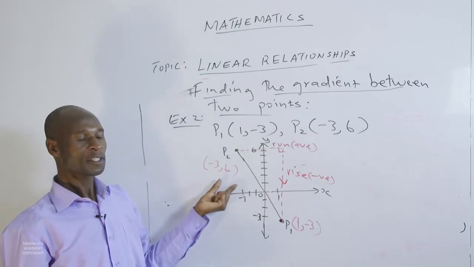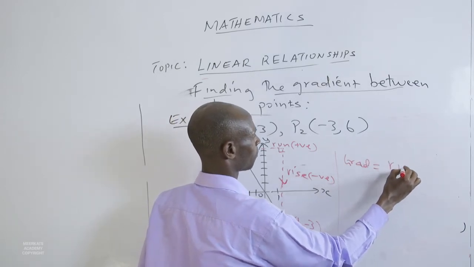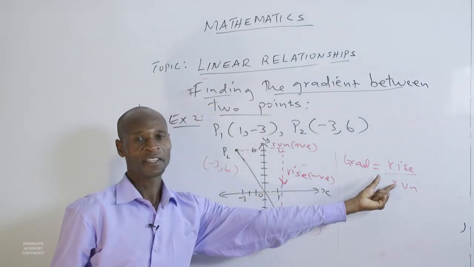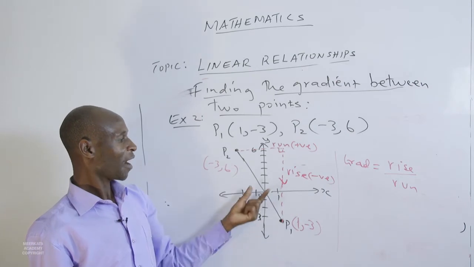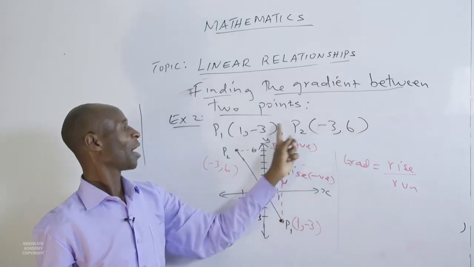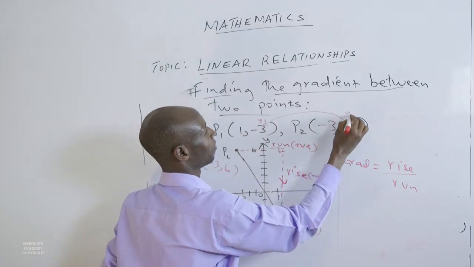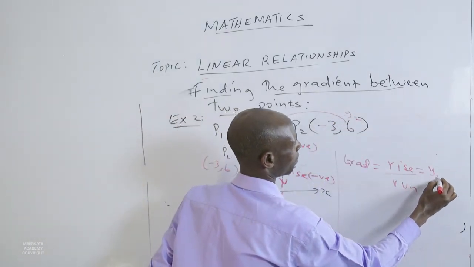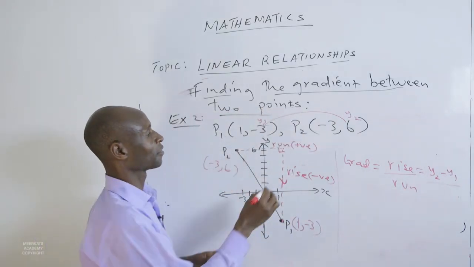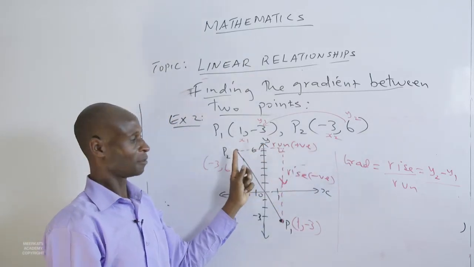Now, to get the gradient, we get the rise divided by the run. The rise is y2 minus y1, while the run is x2 minus x1.